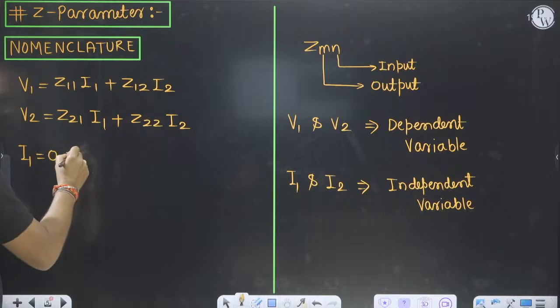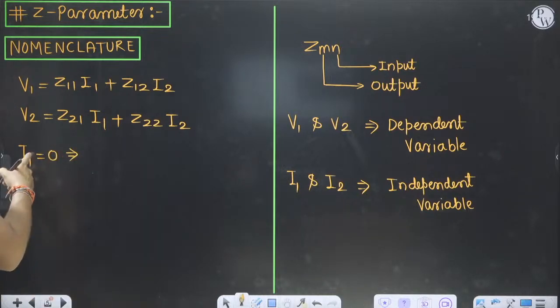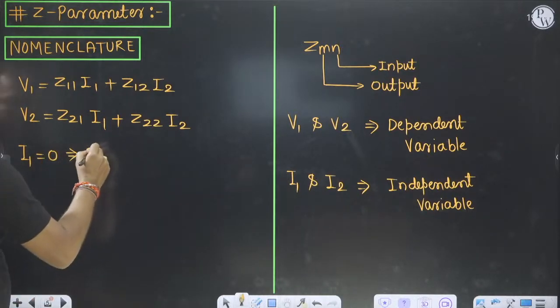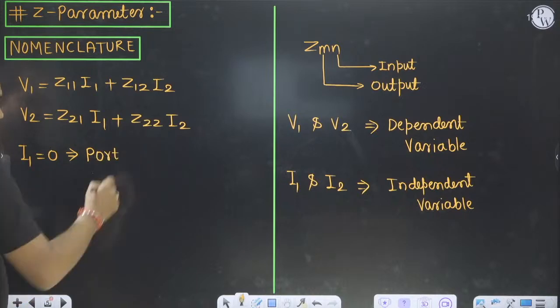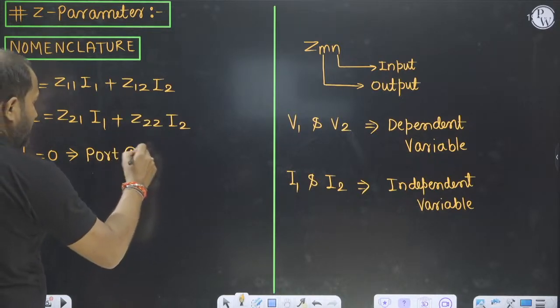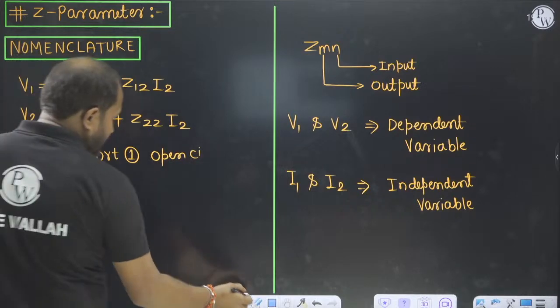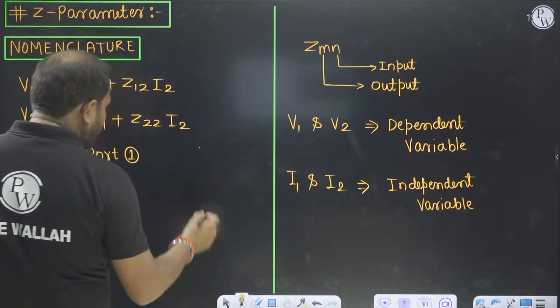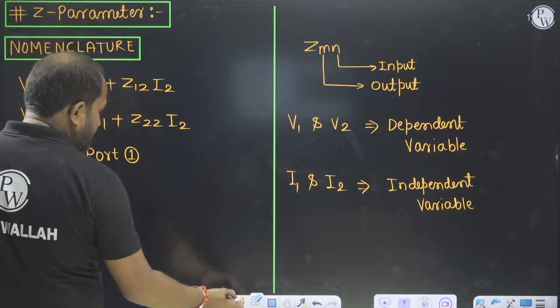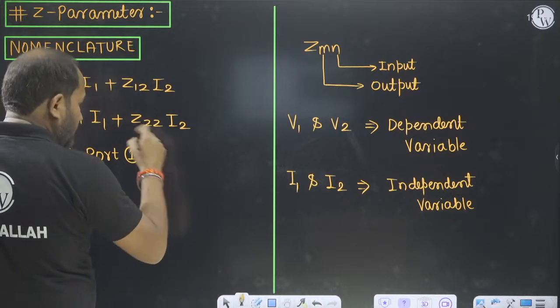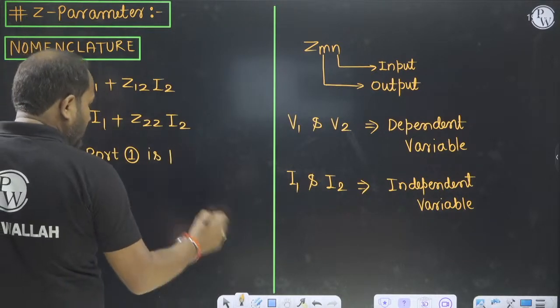If current is 0, that means port 1 is open circuit. Always try to remember that. By open circuit we are going to find out the parameters.